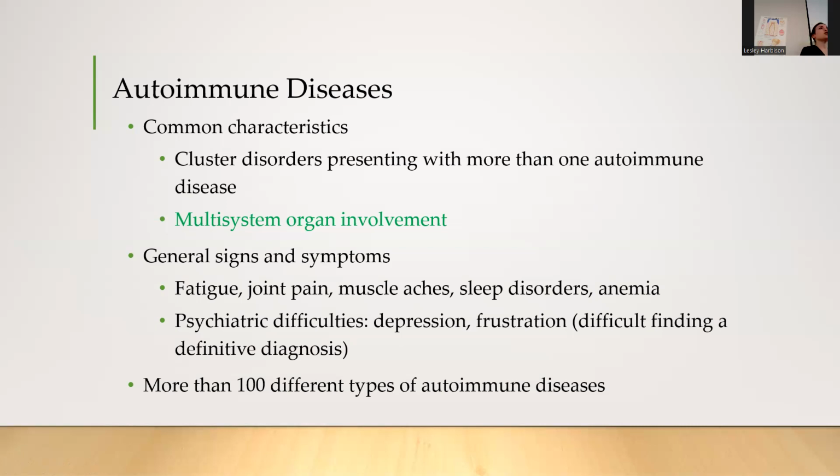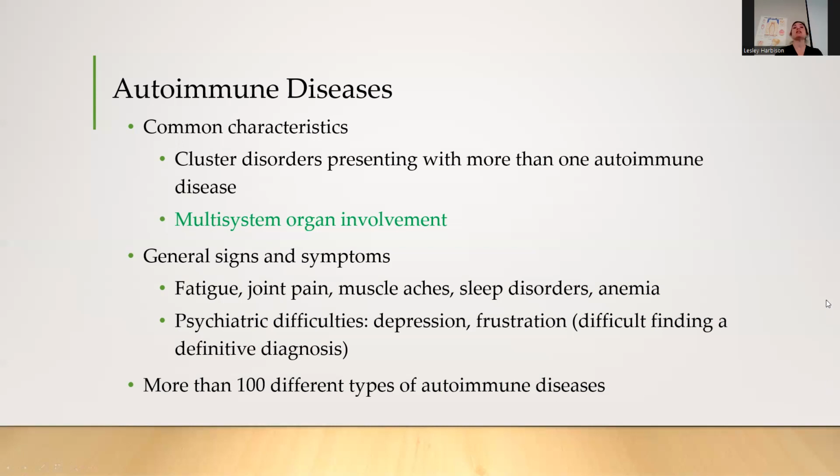If you're suffering with something, say you just have joint pain and you're fatigued, but it's really debilitating and nobody can pinpoint it, it can be really psychologically distressing. People can have a really hard time with diagnosis, and that can be really stressful.